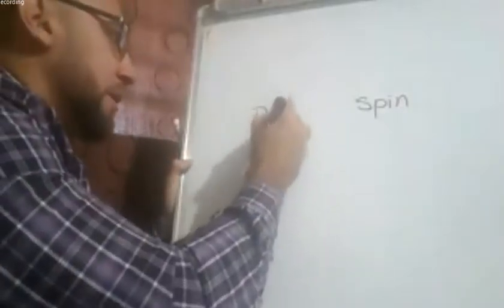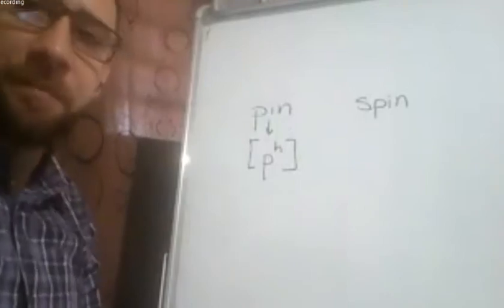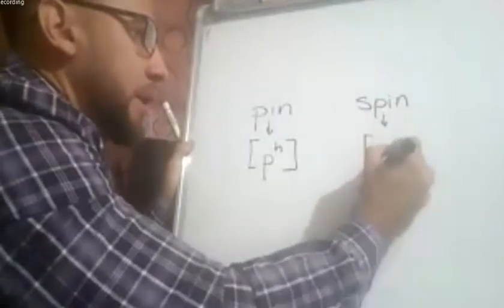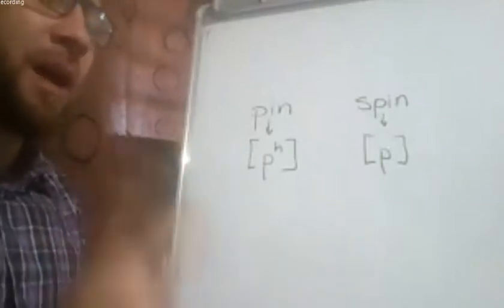The first word has this P, which is a plosive, aspirated P, and the second has a regular P. These two are allophones of the same phoneme, which is the phoneme P. Why do we say that these are allophones? Because they belong to only one phoneme. They are simply different realizations of the phoneme, different possible ways to pronounce that same phoneme.